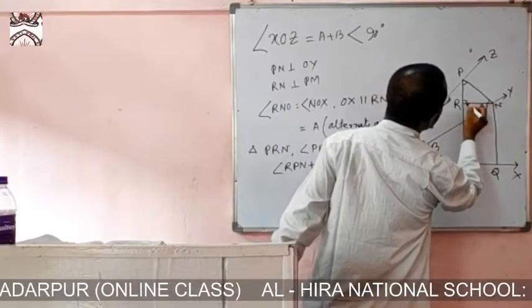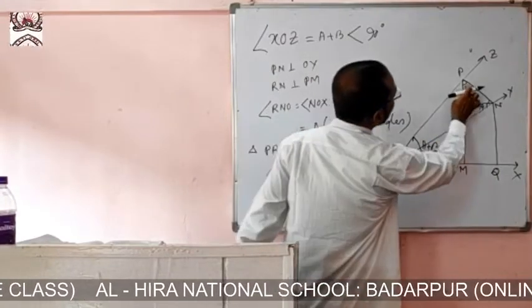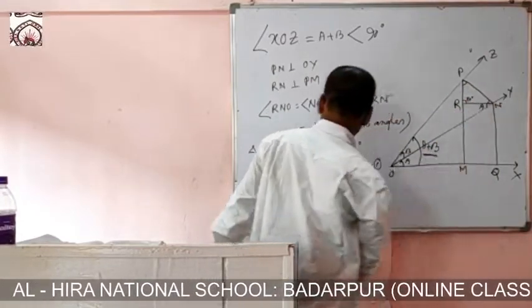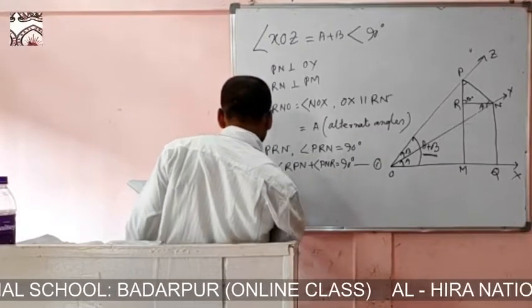As this is 90 degrees, the sum of these two angles will be 90.